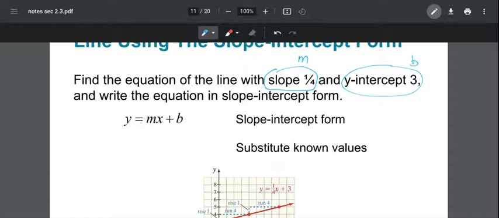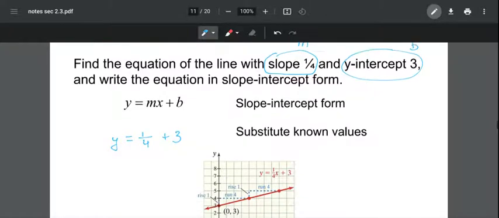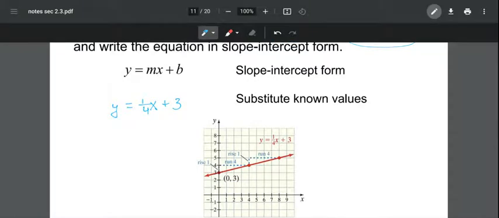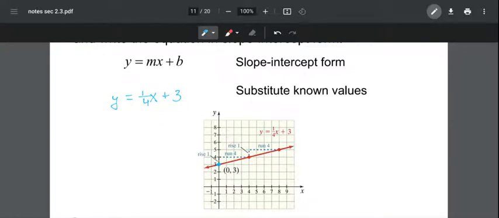So we're going to substitute. We have y equals the slope, which is 1 over 4, x plus the y-intercept, which is 3. And we have the equation in slope-intercept form. To graph it, you have 3 as the y-intercept, which means 0, 3 is the y-intercept.